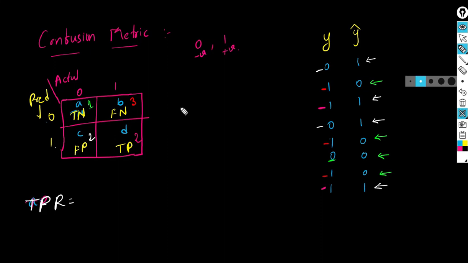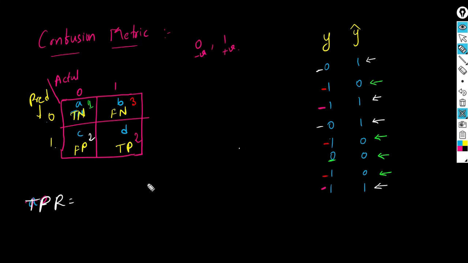From the confusion matrix we also get a few more things. Let's see more about true positive rate, true negative rate, and false positive rate. There are four different kinds of values that we get from the confusion matrix. They are more useful to check the performance of any model.